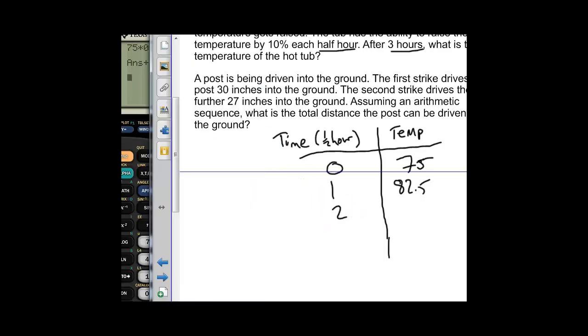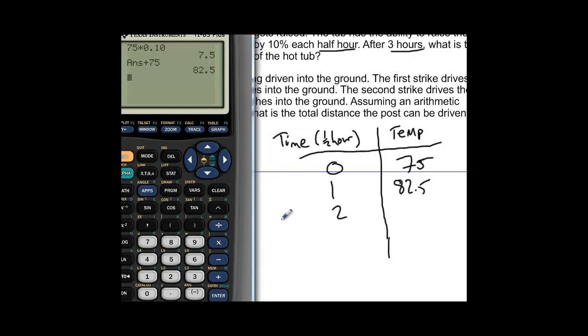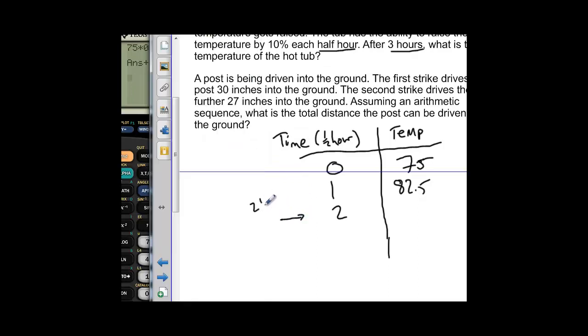Well, after 2 half hours, I should make a little note here. 2 half hours. This right here is actually 1 hour. Hopefully that makes sense. 1 hour is equal to 2 half hours. So this is when we started.